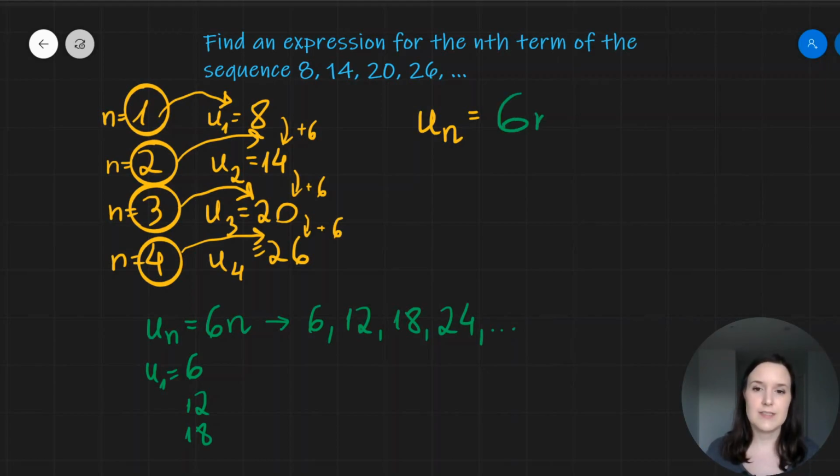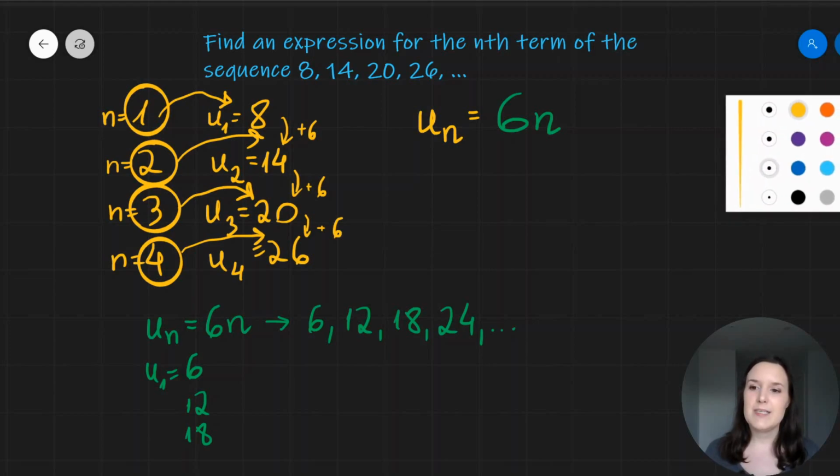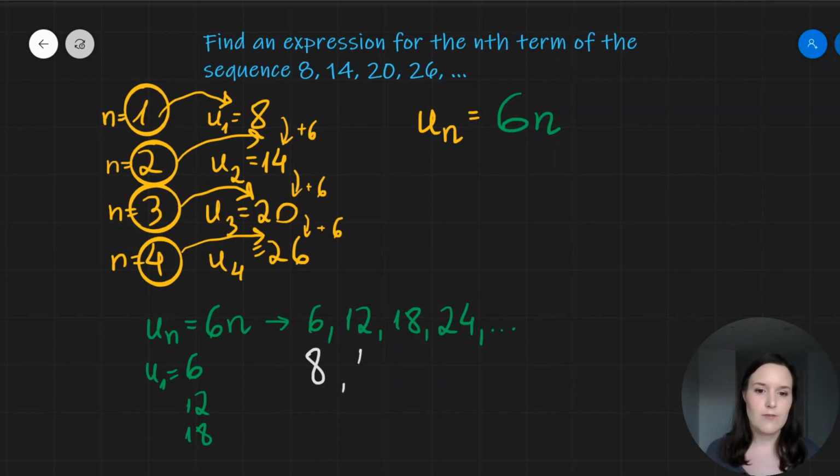Okay, so I will start with 6n. Now the problem is that I actually want to get 8, 14, 20, and 26. And that's okay, that's just 2 more. So I will just add 2.